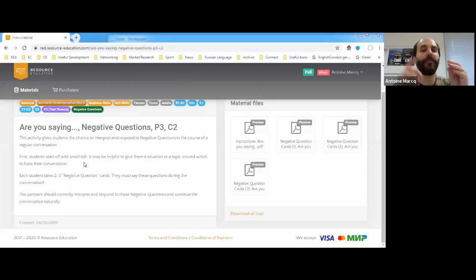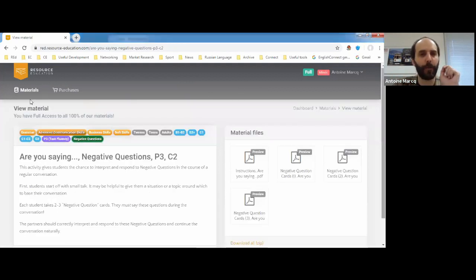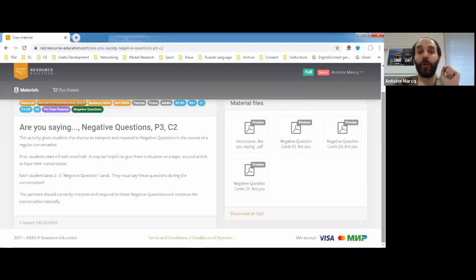So it's very important that students start off with small talk. You want to use these negative questions in natural conversation. If you don't know how to start small talk, I highly recommend taking the building dexterity cards. You can easily find that on our website. You go back to materials and you search for building dexterity.